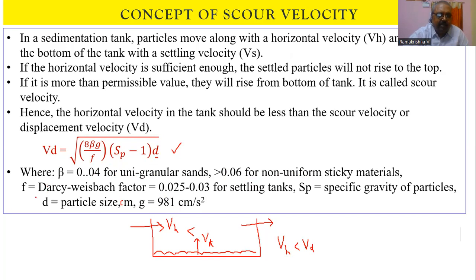And f is the Darcy-Weisbach factor, which is 0.025 to 0.03. Using this equation, we can calculate VD, and when designing sedimentation tanks, we have to check that the horizontal velocity applied in the tank should be less than the displacement velocity.